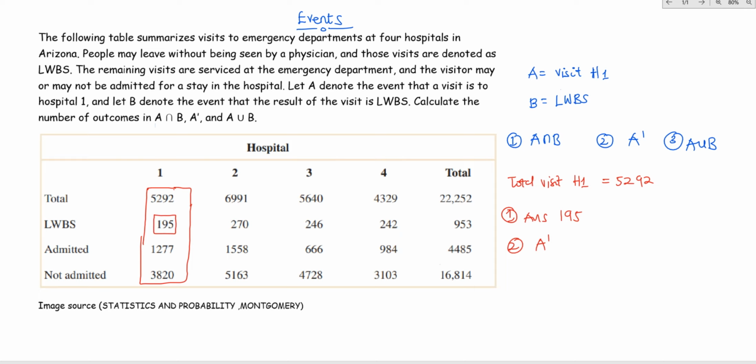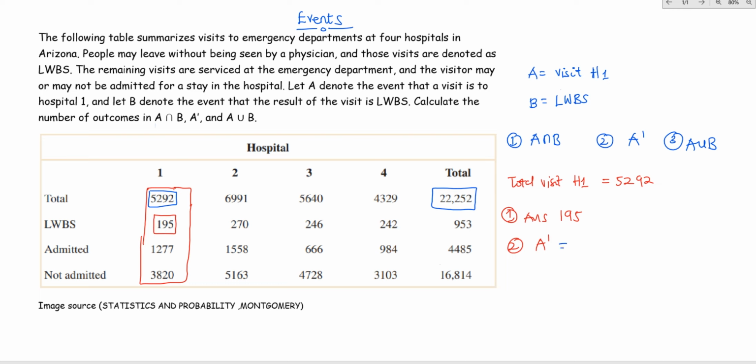The easiest way to do this is to take the total number of people that went to all the hospitals, which is 22,252, and then subtract the total number of people that went to hospital one from that. When we do that, you are going to get the total number of people that were not in hospital one but were in the total sample space.